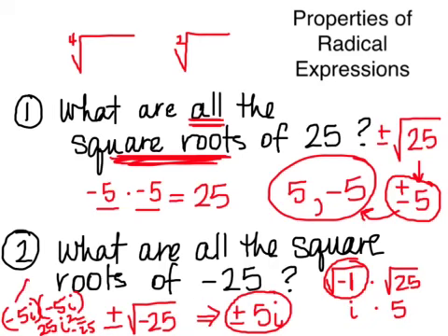So that just shows that negative 5i squared also gives you negative 25, besides just the 5i squared, which also gives you negative 25. So there are 2 answers to these square root problems, or really any even root. When they say what are the square roots, there's really more than just the obvious one. There's also the negative one.